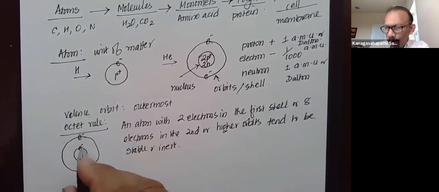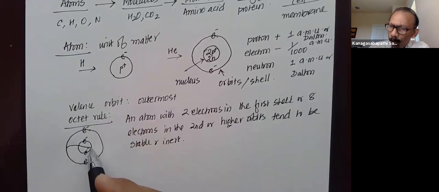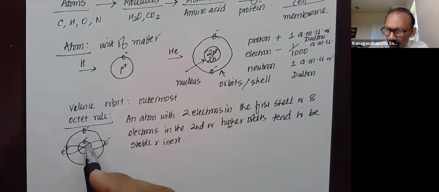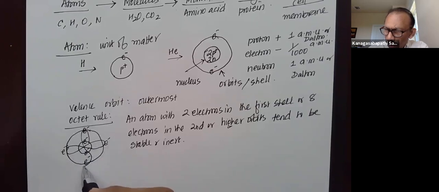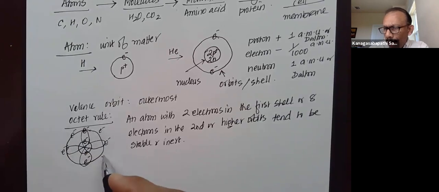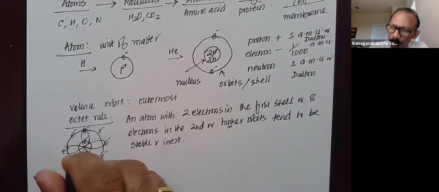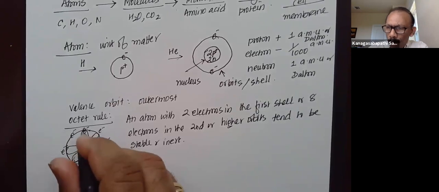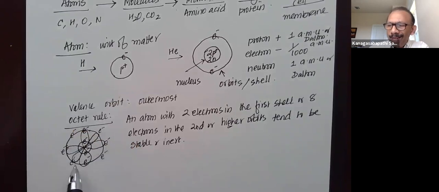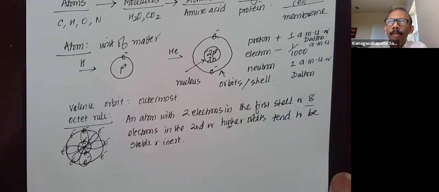So you would find 2 in the spherical orbit, and you would find 2 in the elliptical orbit going like this, and another one going vertical like this. That's another 2 more, but I'm going to put them over here. And so there's another one going into the paper. This is what I call XYZ. So you have one vertical, one horizontal, one going into the paper. That's how 2 in each of them, and a spherical makes 8 electrons. That's the maximum they can hold.